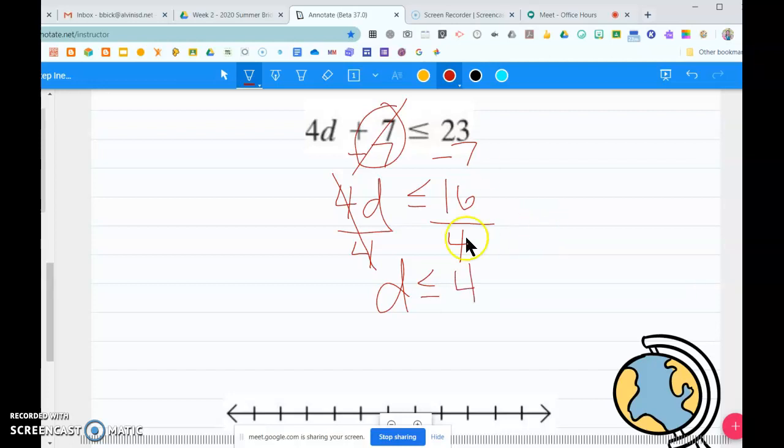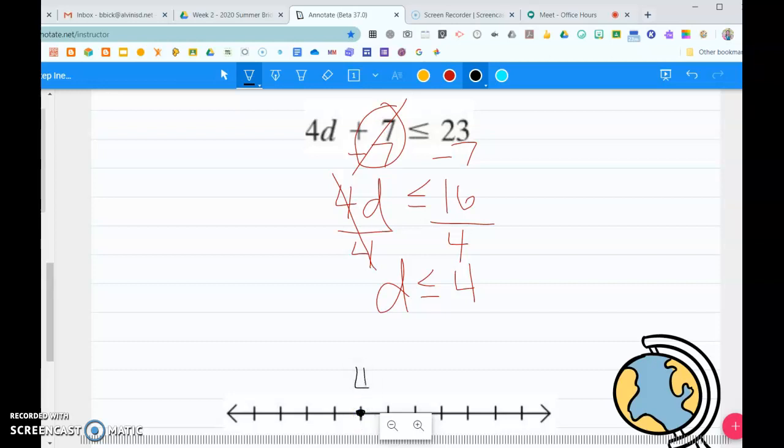Okay, we're going to go ahead and graph that down here. Sorry, it's kind of hard to see. We are going to draw a dot at positive 4, and it's going to be a closed circle because it has that or equal to. The closed circle means it could be equal to that value.